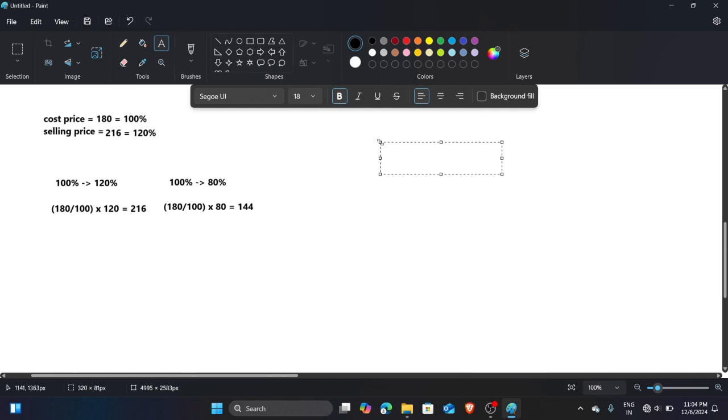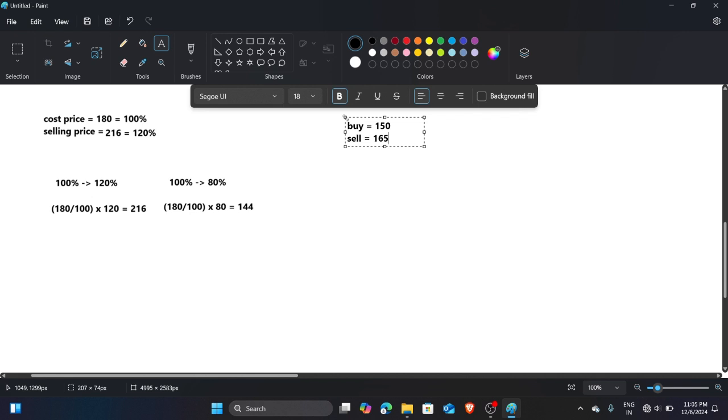Now suppose another example of percentage in this concept, on cost factor. Suppose you buy something at 150 and you sell it at 200, which is a profit of 50.